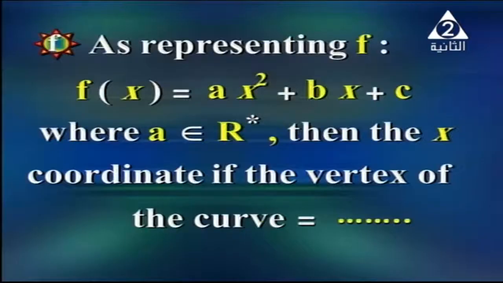So x equals b over 2a, but y equals the function of b over 2a. Then the result will be the value of y. The answer: the x-coordinate of the vertex of the curve equals b over 2a.